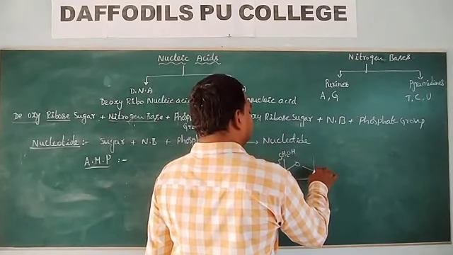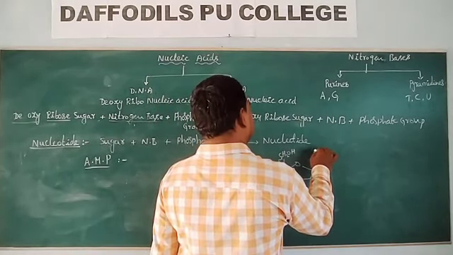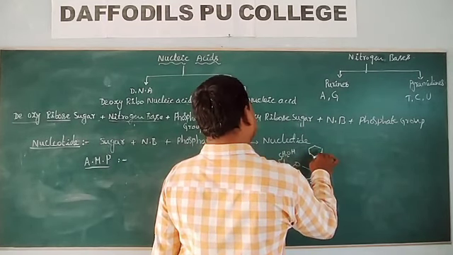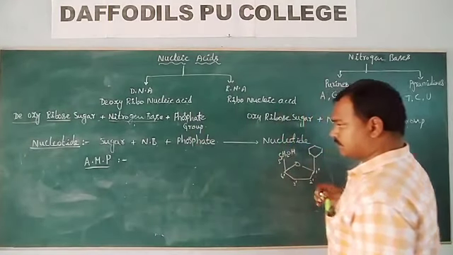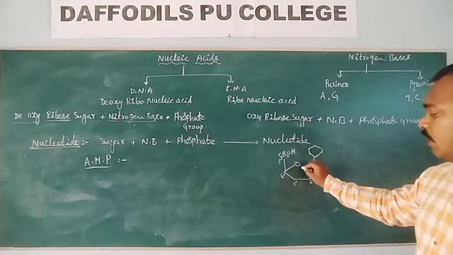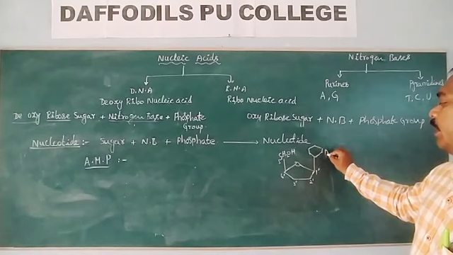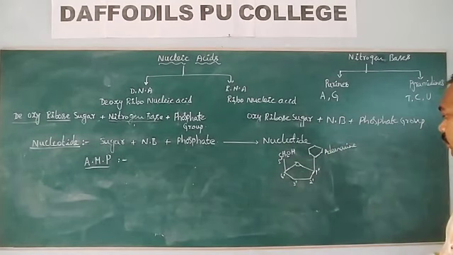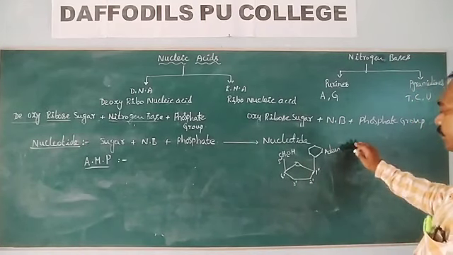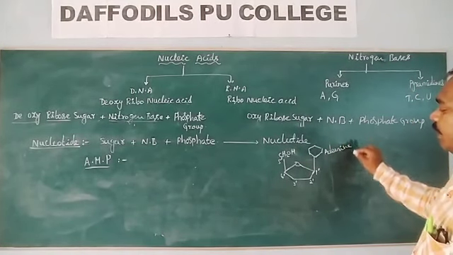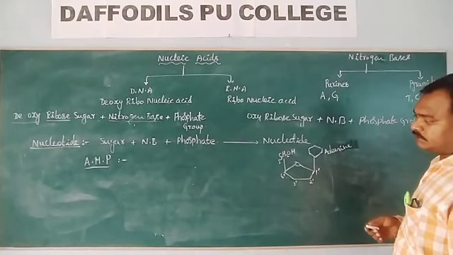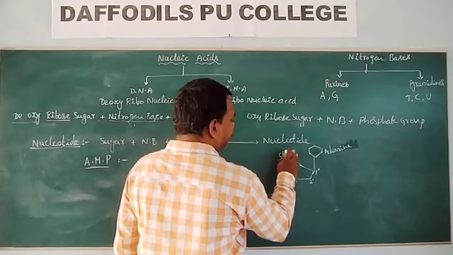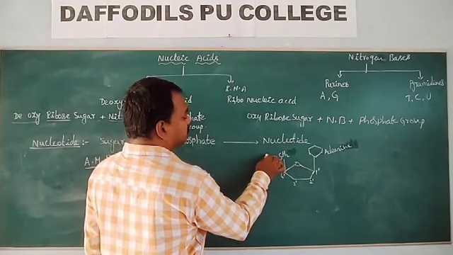To the 1 prime carbon of the sugar, the nitrogen base, adenine, is attached. And to the 5th carbon, a phosphate group is also attached.